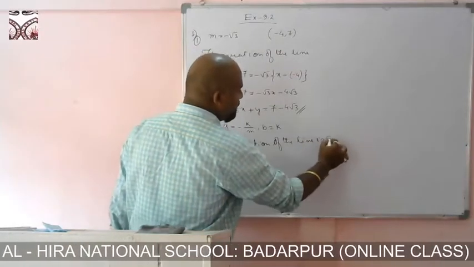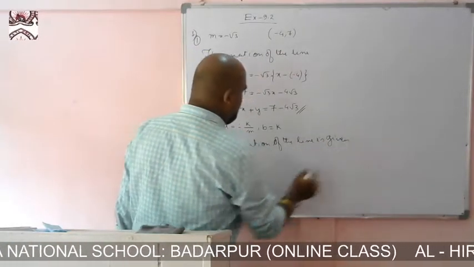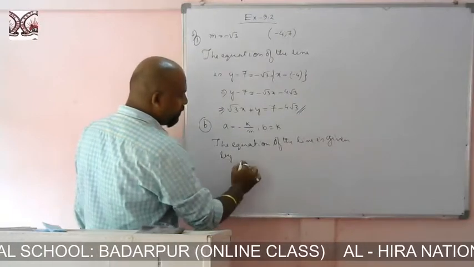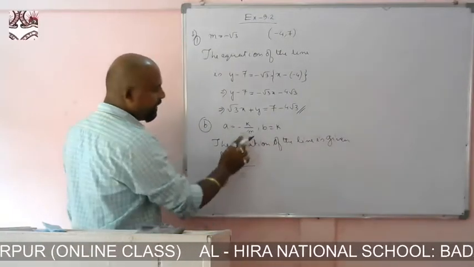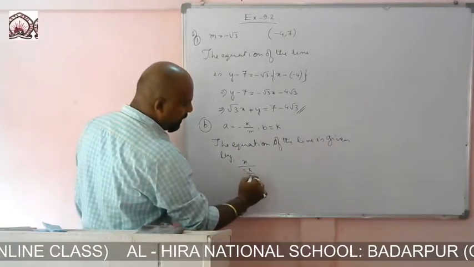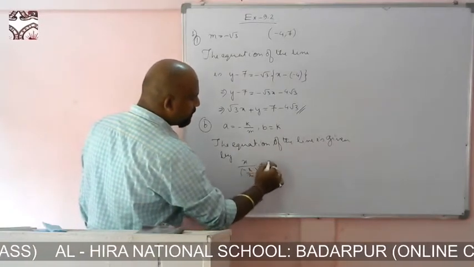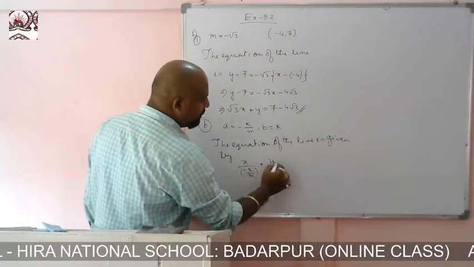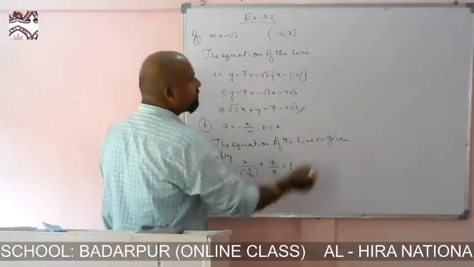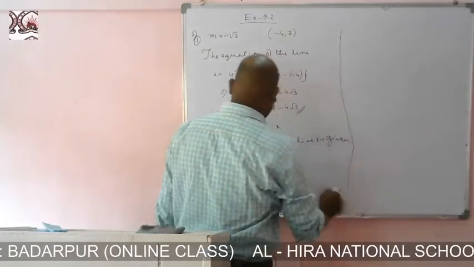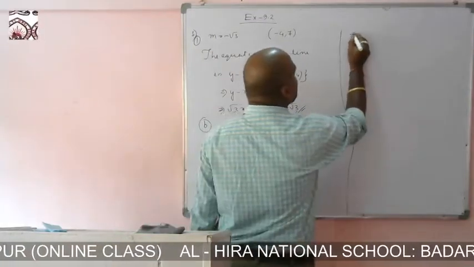Now the equation of the line is given by, we know the intercept form, we apply x by a. What is the value of a here? Minus k by m, plus y by b. The value of b is k, equals 1. If I solve this equation, then what are we getting?